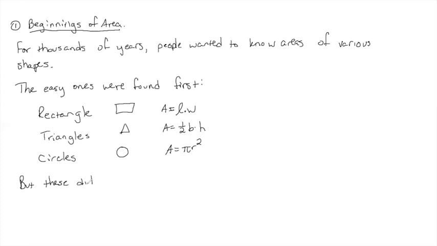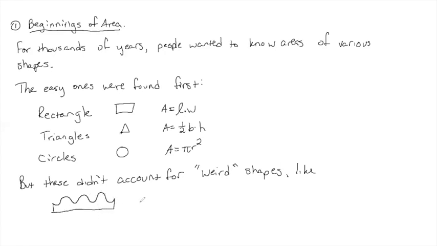But these didn't account for, quote unquote, weird or irregular shapes, like something like this. Or something like this, like a vase sort of a shape.